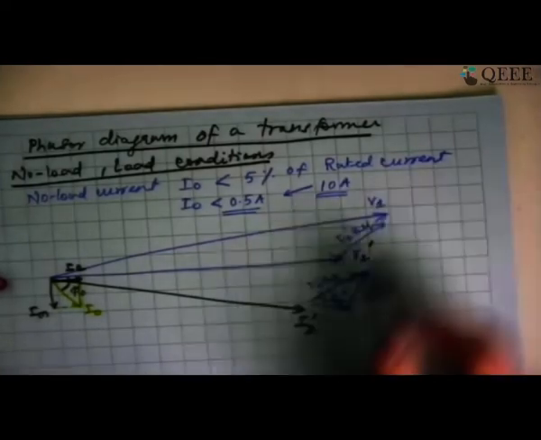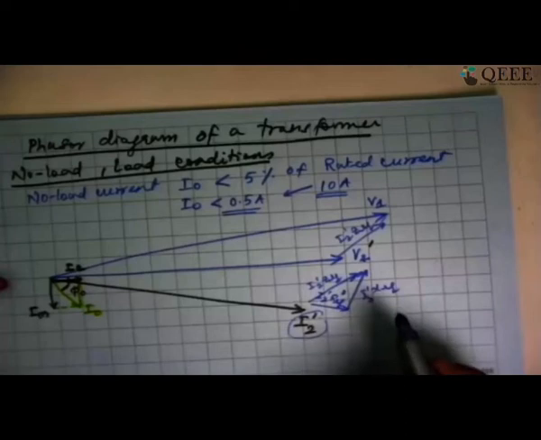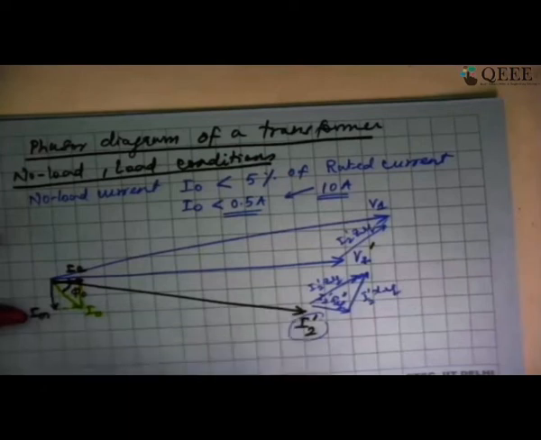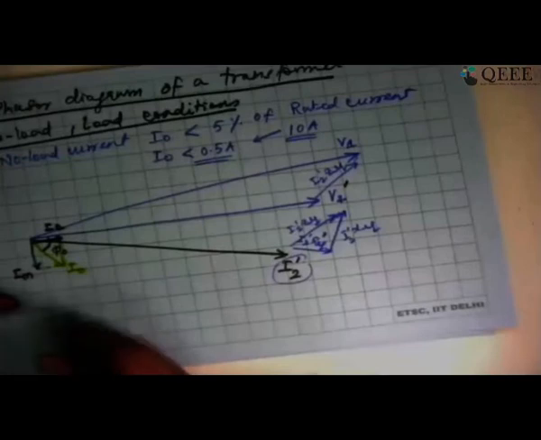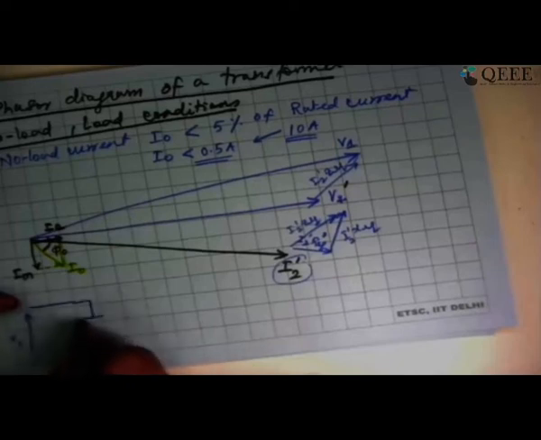So please note that I have taken only I2'. Actually, if I want to be more accurate, I should have added I0 also to I2'. Only then I will get I1. Please imagine the equivalent circuit of the transformer. I essentially had V1 being applied here. I had IM here.